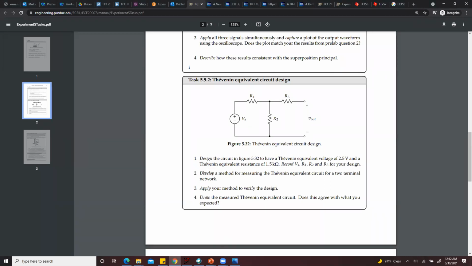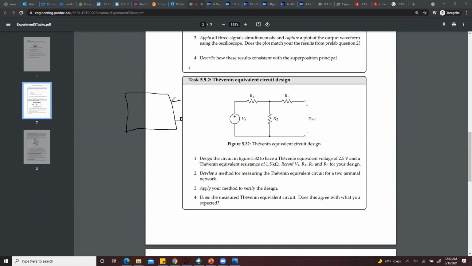Then question 2 asks you to develop a method for measuring a two-terminal network. What that means is you will be given a black box, for example, and there are two lines, like a cable you can touch.